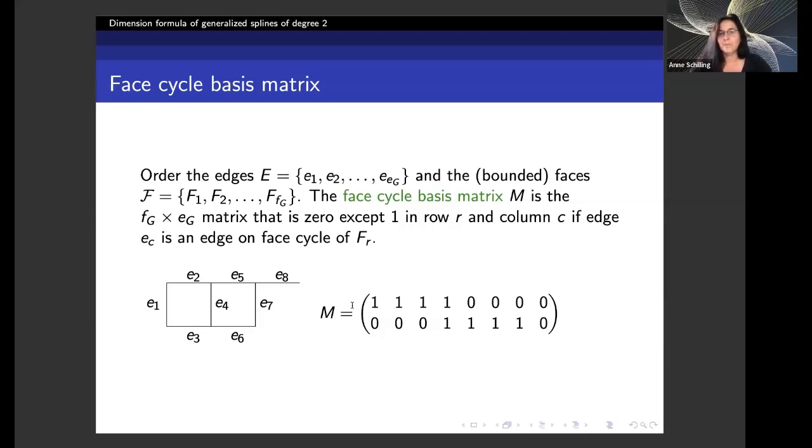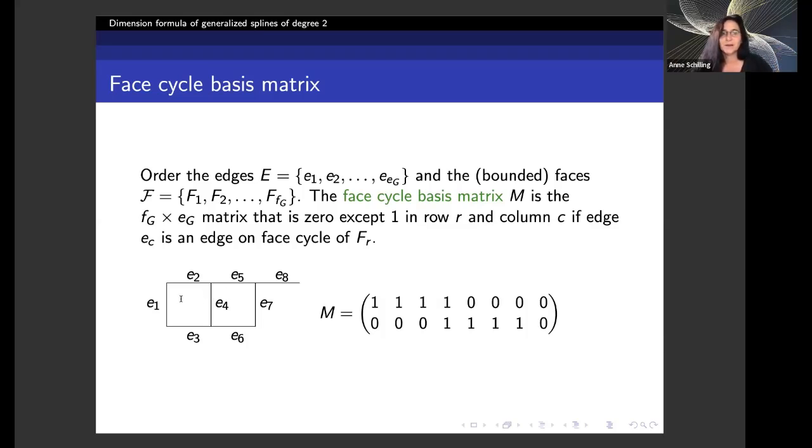Then we can form the face cycle basis matrix. For every face in the graph, we will have a row in our matrix, so in this case we have two rows. And then we have E, the number of edges, many columns in the matrix. We just put a 1 in a particular row if that edge is on the face associated to this particular face.